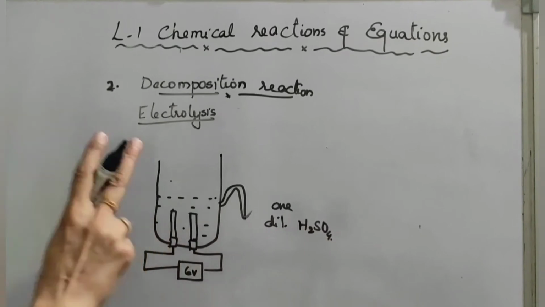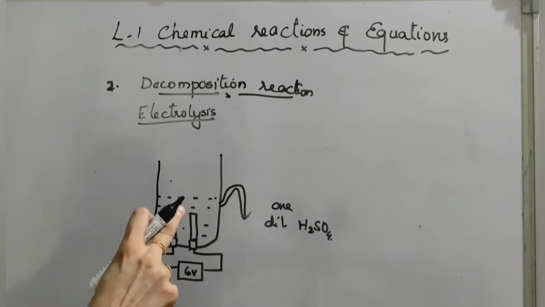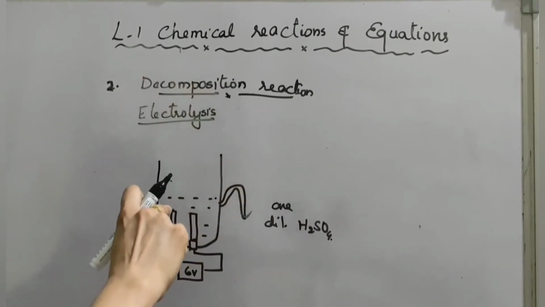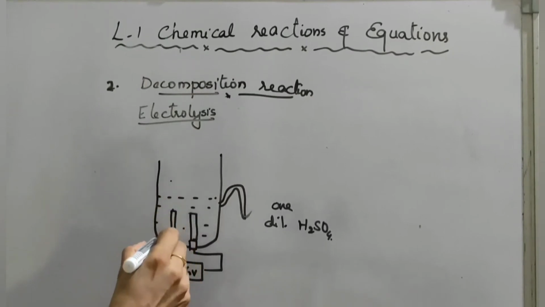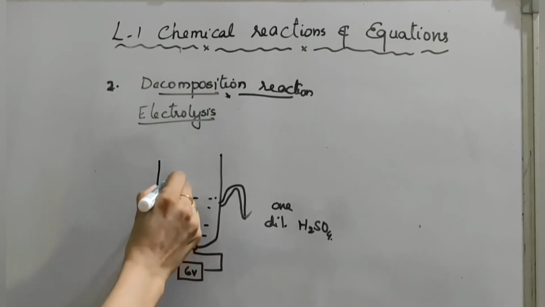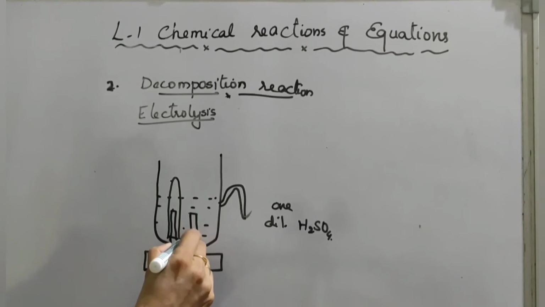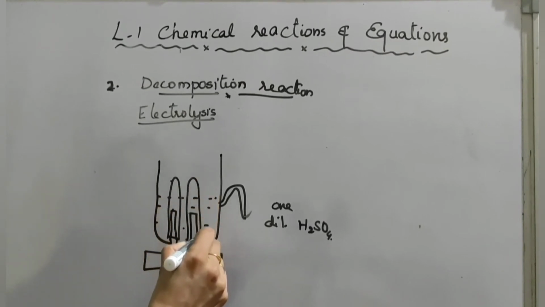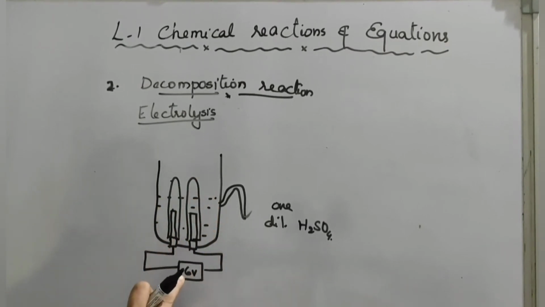Now take 2 test tubes filled with water and invert them over the 2 carbon electrodes. Now switch on the current and leave the apparatus for some time.